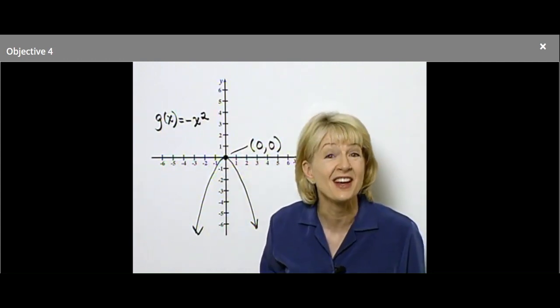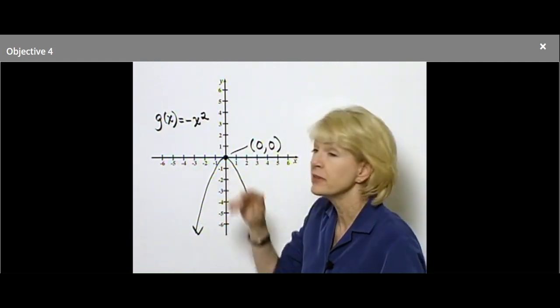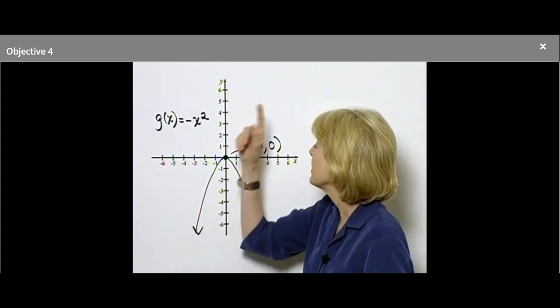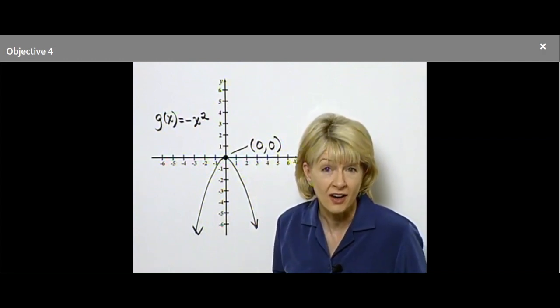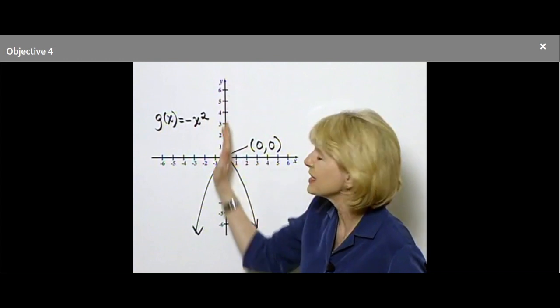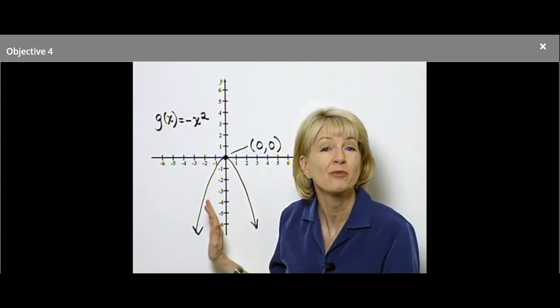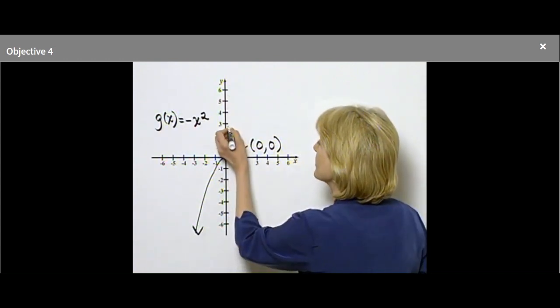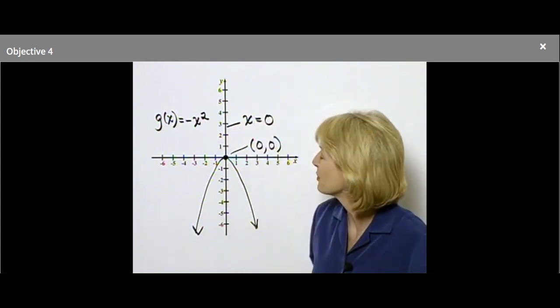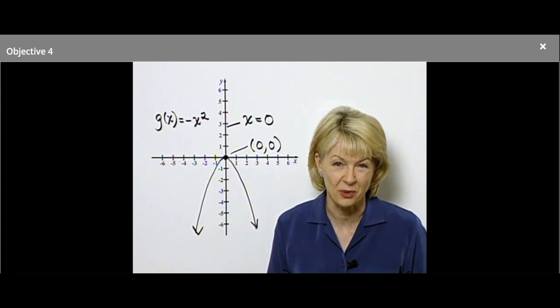What is the axis of symmetry? For quadratic functions, it's always x equals the x value of the vertex. So here, the axis of symmetry is the y-axis. And what is the graph of the y-axis? It's x equals the x value of the vertex, x equals 0.